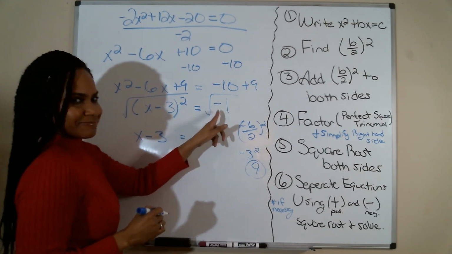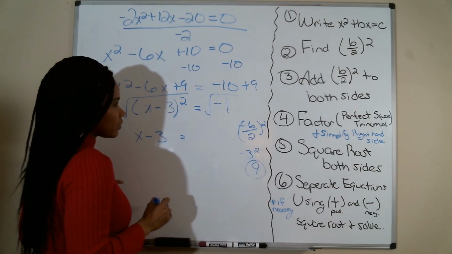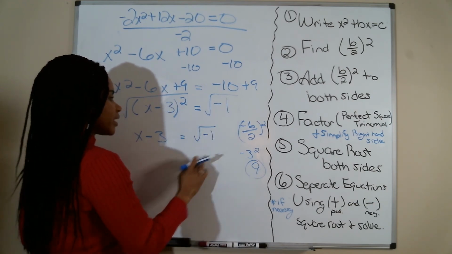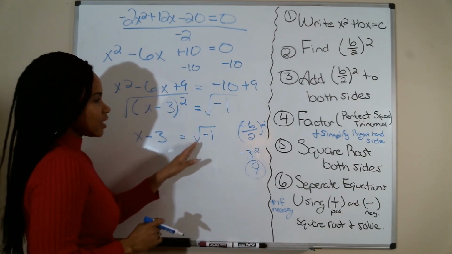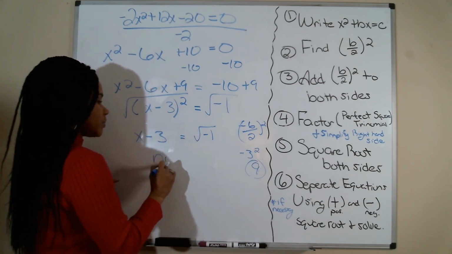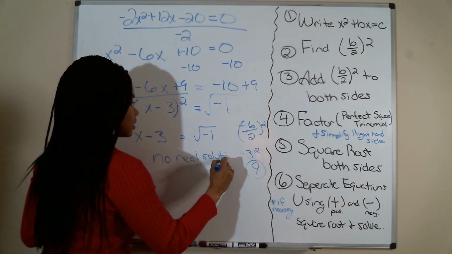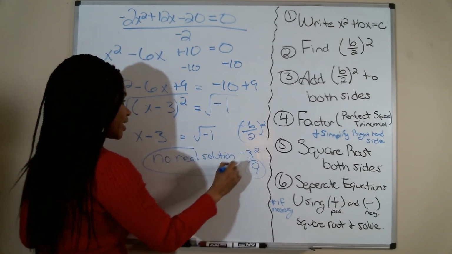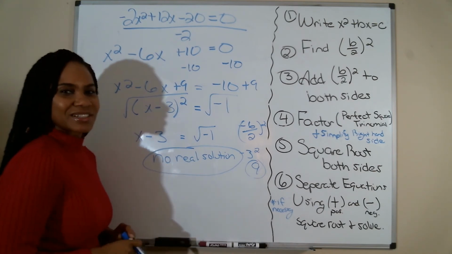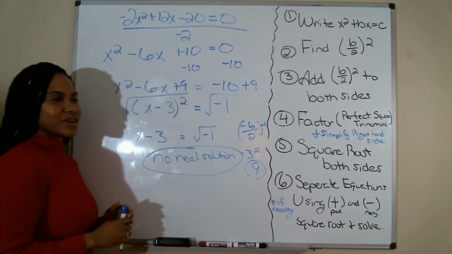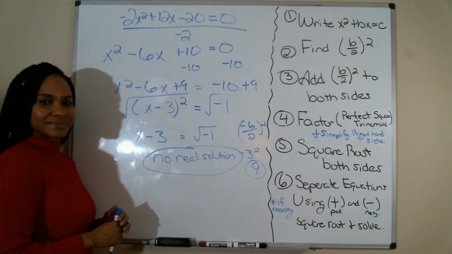However, we cannot take the square root of a negative number and get a real number. So we can stop right here and say that this problem has no real solution. And so the solution to this equation is that there is no solution. So we've solved this quadratic equation by completing the square.